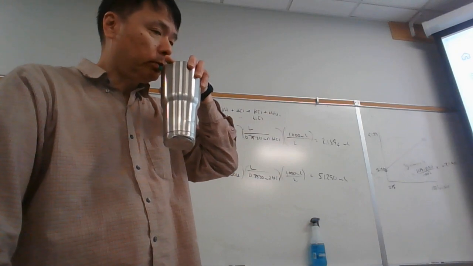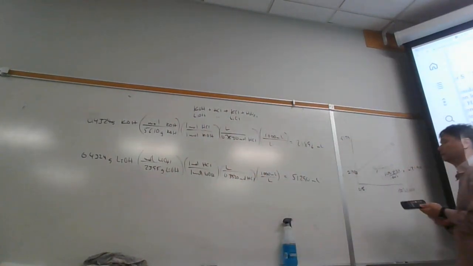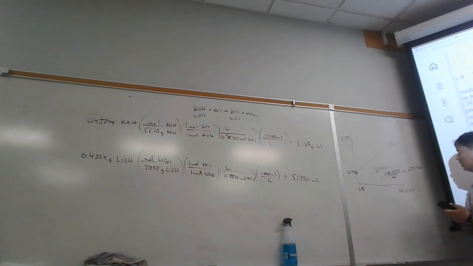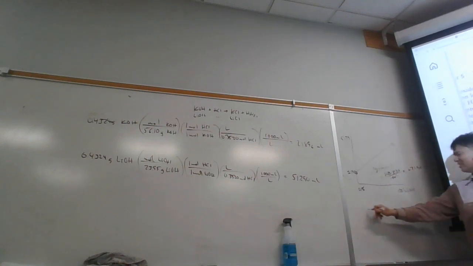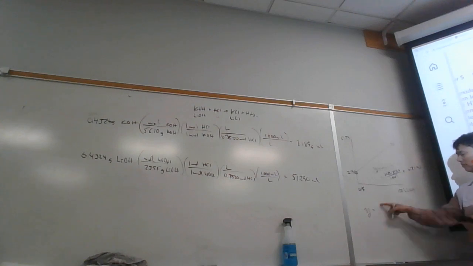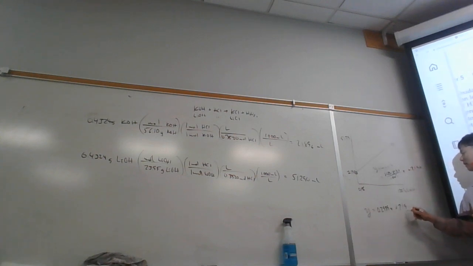Because the answer, they got a higher percentage of lithium hydroxide in the solutions manual. So I thought I got it wrong. That means it should be lower. All right, so let me write the equation here. 51.29 minus 21.9 equals 29.39, divided by 100, which is 0.2939x plus 21.9.